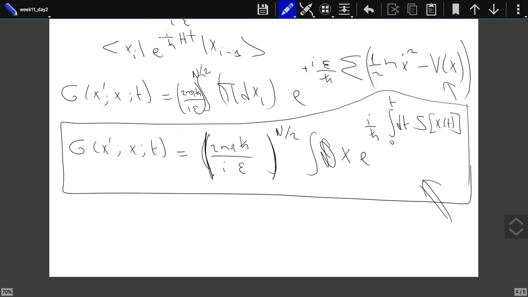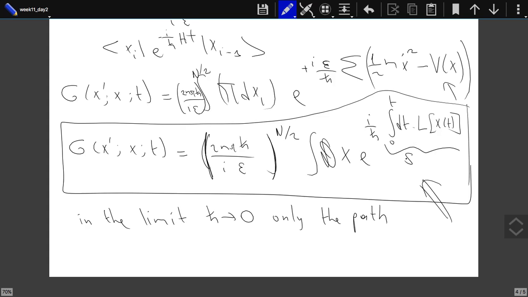And this condition we can write that in the limit h bar goes to 0, only the path, this is L, this whole integral is our action, only the path that satisfies delta S equal to 0 contributes.